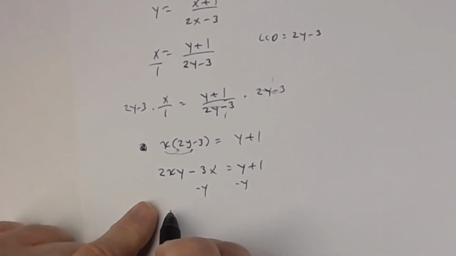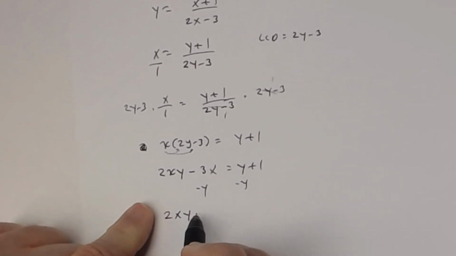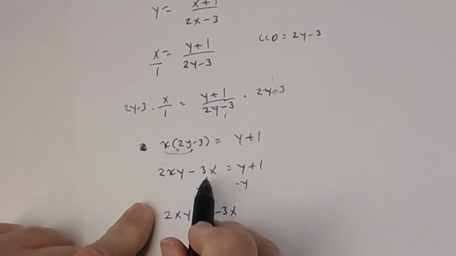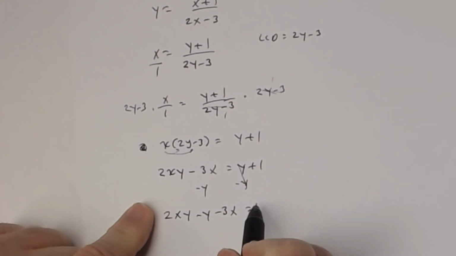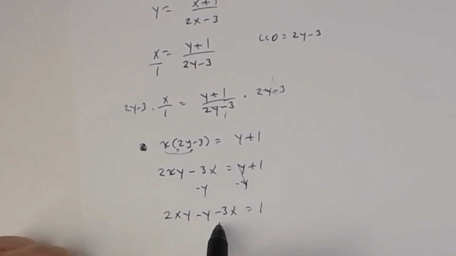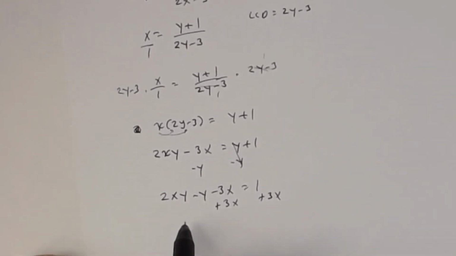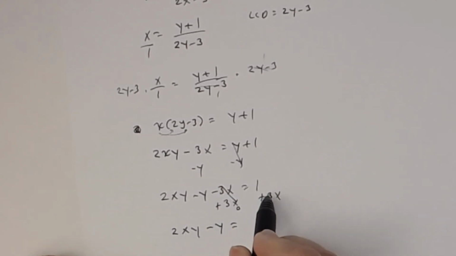And so what I have then is 2xy minus y minus 3x, so I have three terms here, equal y minus y is 0, plus 1. Then we're going to add 3x to both sides. And so I get 2xy minus y, this is 0 here, equal to 3x plus 1.